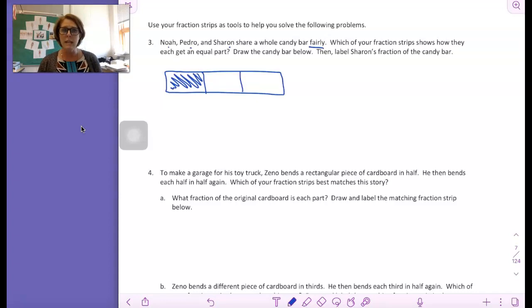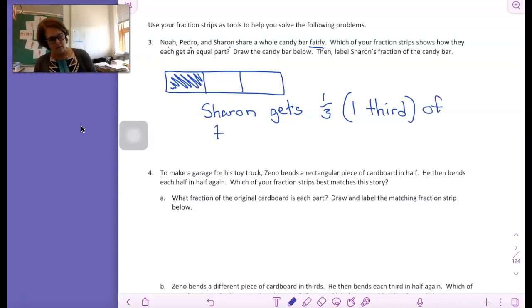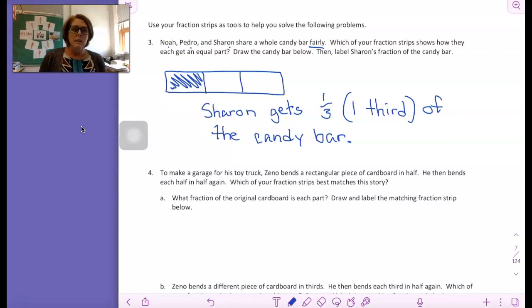If there are 3 equal parts, Sharon gets 1/3, or you could write it like this, 1/3 of the candy bar. And there you have it.